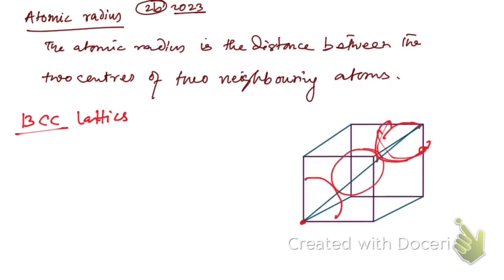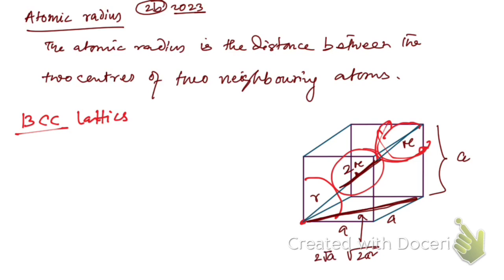If you consider the radius of this atom is r, its diameter is going to be twice r, right? And this radius is r. If you consider each edge of this cell is a, then the diagonal of the bottom square will be root over 2a square, that's a root 2, right?